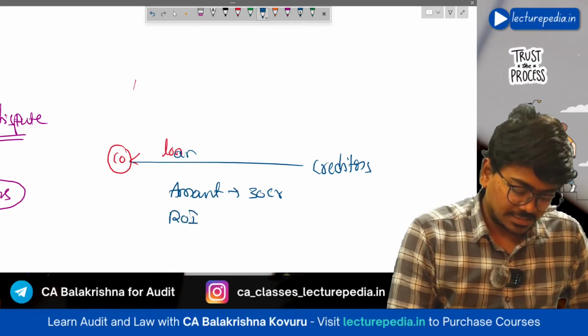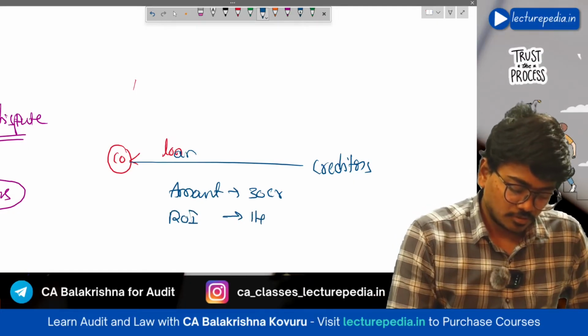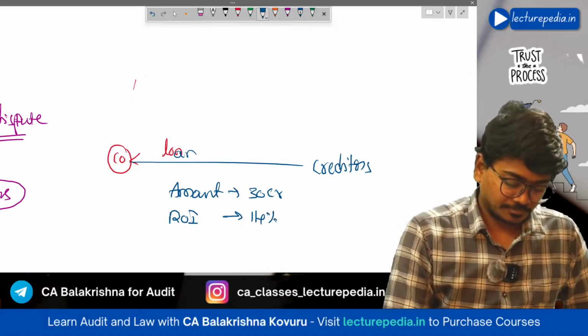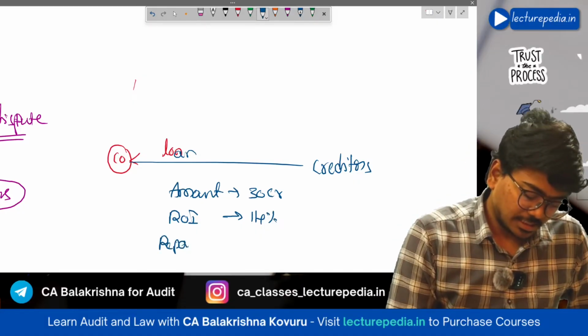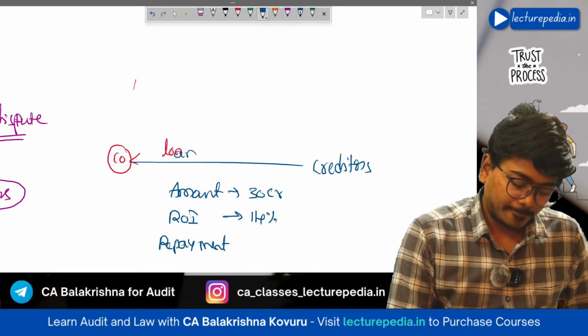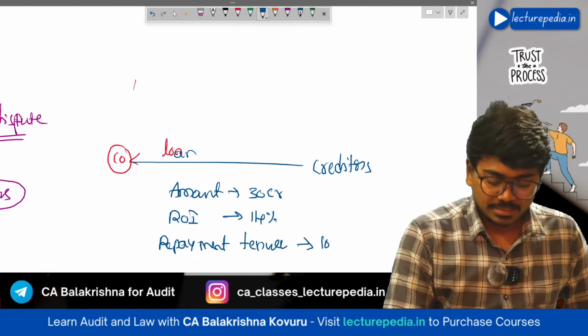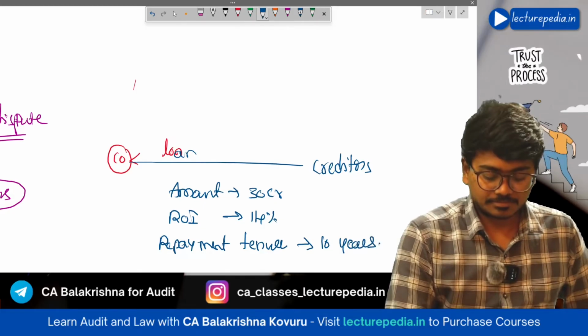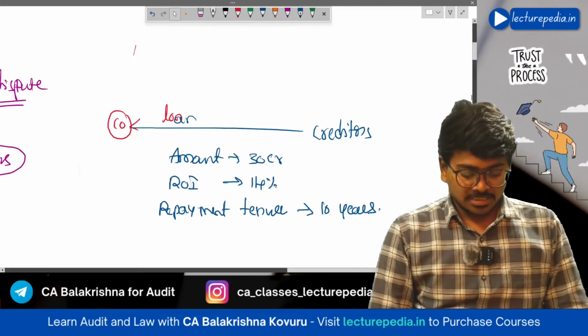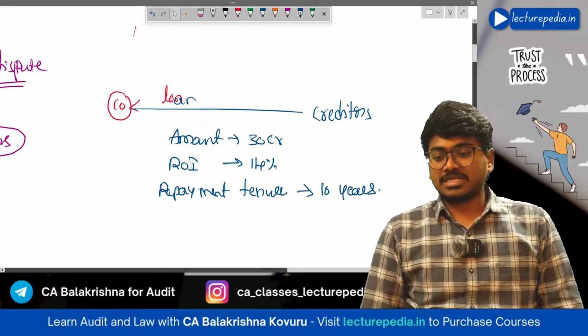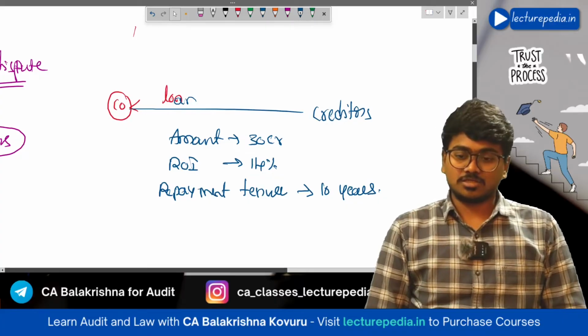Rate of interest is 14%. Repayment tenure is 10 years. Okay, so these are the original terms of the debt that the company has taken with the creditors.